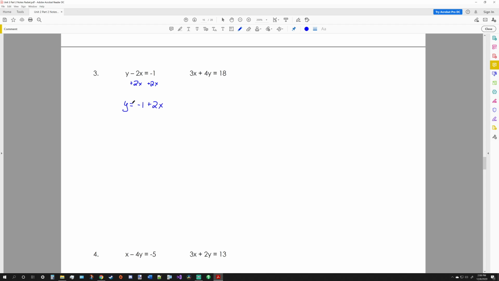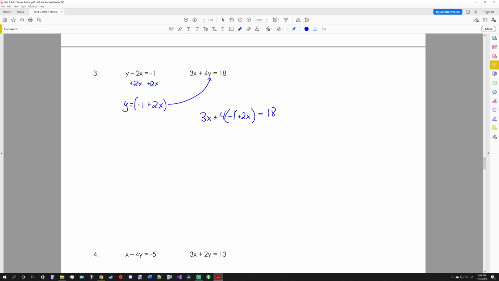Now that I have y by itself, I'm going to take this, which y equals, and remember to use parentheses and plug it in for the y. So 3x plus 4, and then immediately the parentheses: minus 1 plus 2x, equals 18.